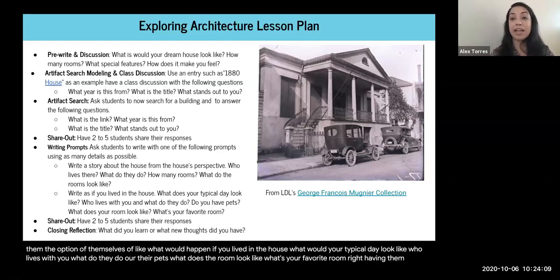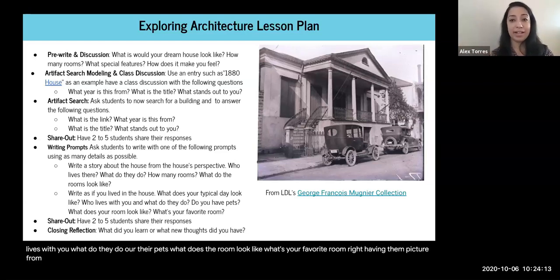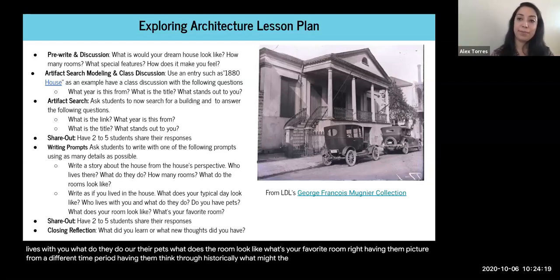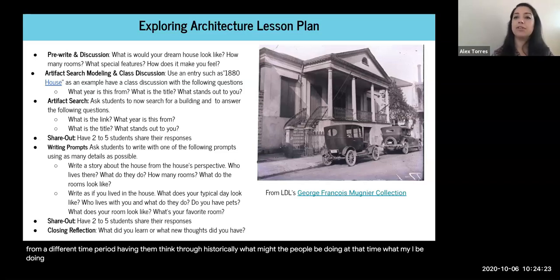Especially if it's a picture from a different time period, have them think through historically what the people might be doing at that time. What might I be doing? So it's a way for them to think critically, and also a way that teachers could introduce a unit on whatever historical period they may be concentrating on.